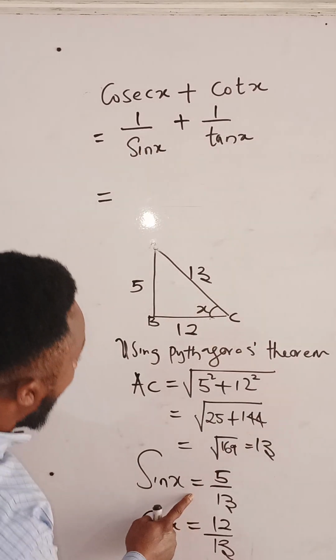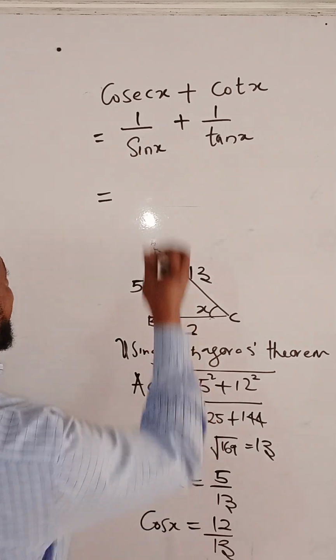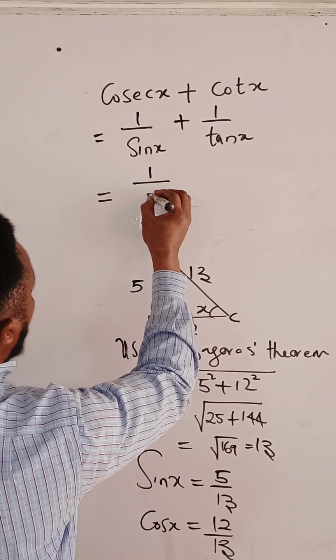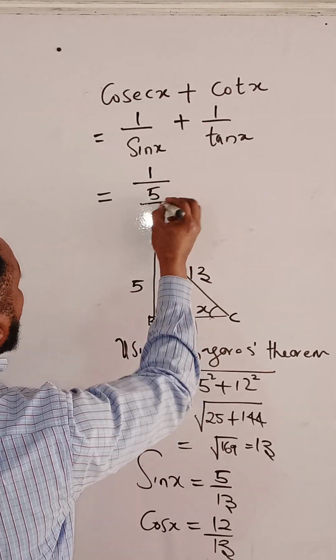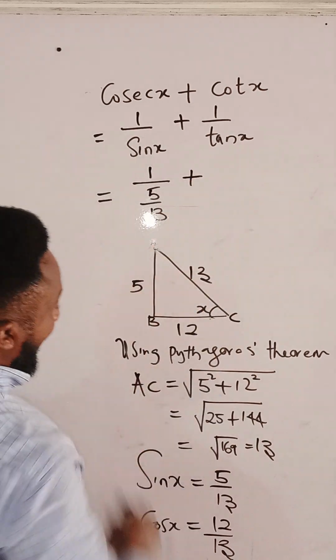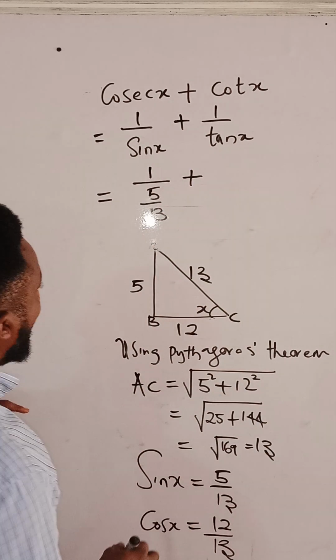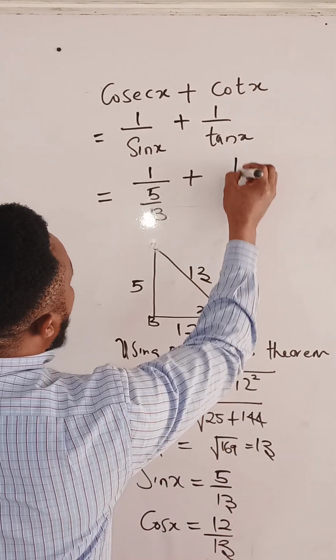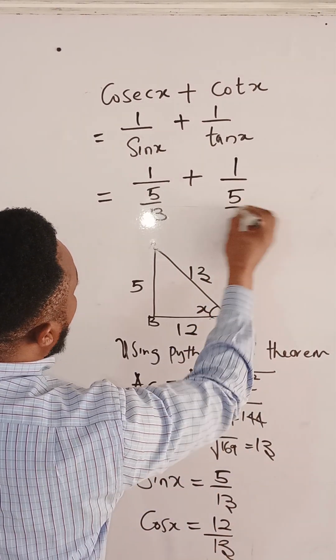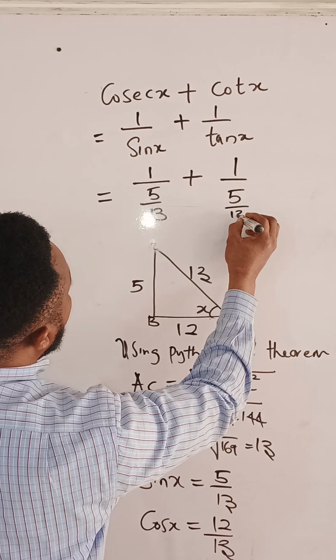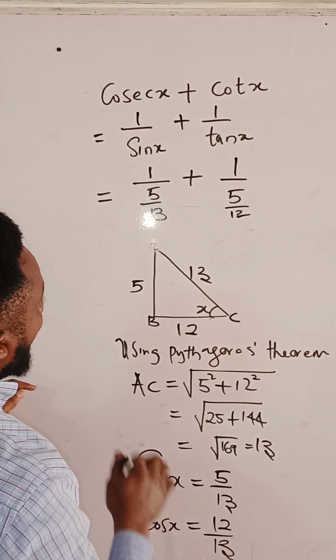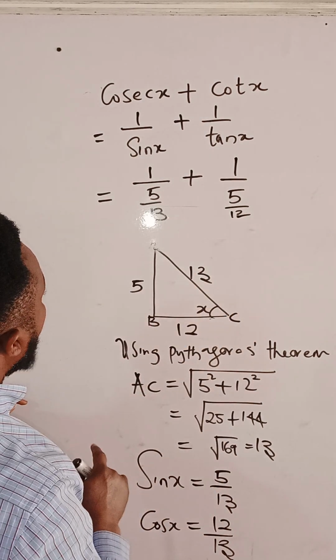Now, sin x here is 5 over 13, and tan x is 5 over 12. If I take the inverse, that becomes 1 all over 5 all over 13. Okay, 12, sorry. Tangent is 5 all over 12.